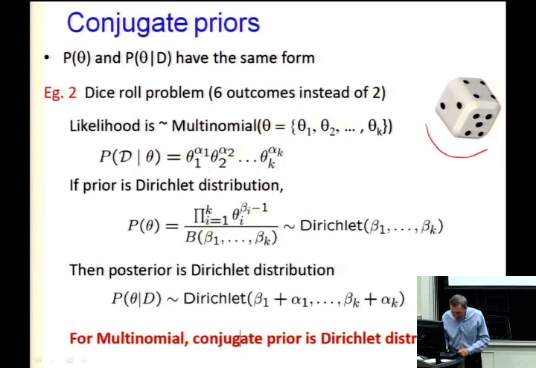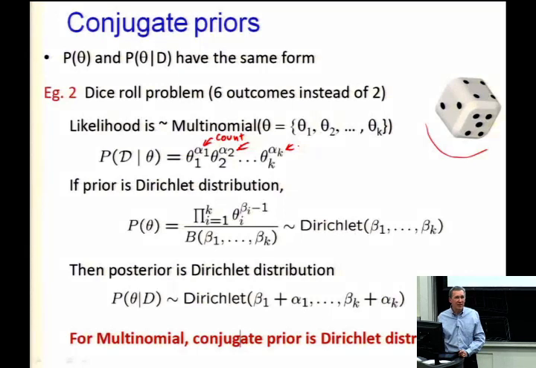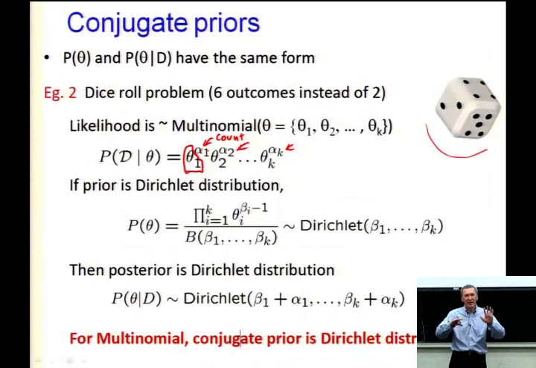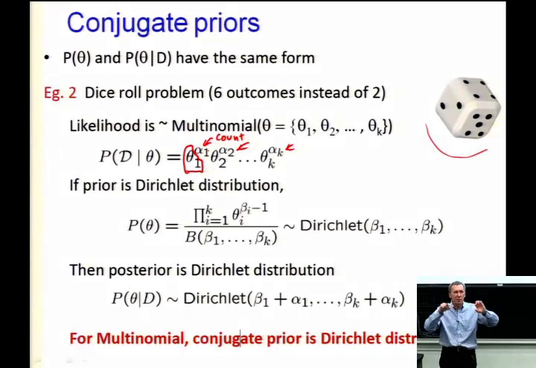And so if we roll that die, let's say 100 times, we'll have counts on how many times the die turns out to be a 1 versus a 2 versus a 6, etc. And if I knew that the probability of being a 1 was theta 1, and I saw that it occurred alpha 1 times, then the probability for that count would just, for these IID events, be theta 1 multiplied by itself alpha 1 times.